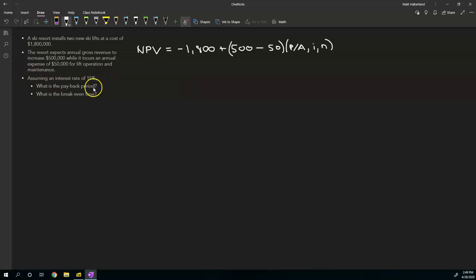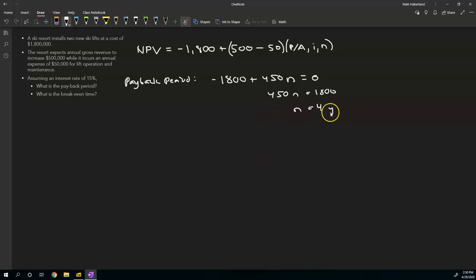So let's start by doing the payback period. We have negative 1,800 plus 450 times the discount factor, and the interest rate is 0, so the discount factor is equal to n. We say this is equal to 0. We just solve this equation: 450 times n is equal to 1,800, so n is equal to 4 years.